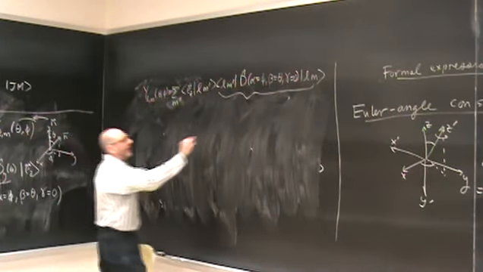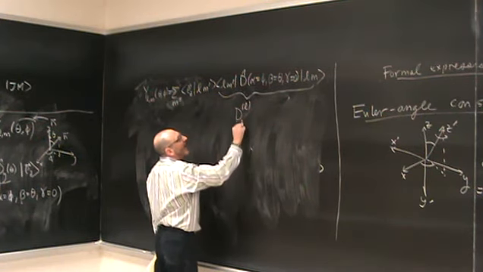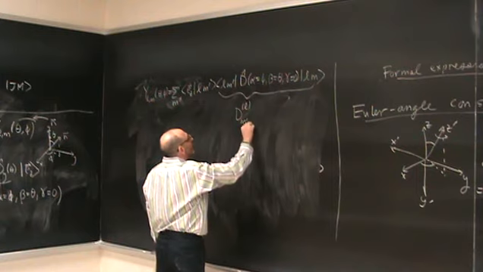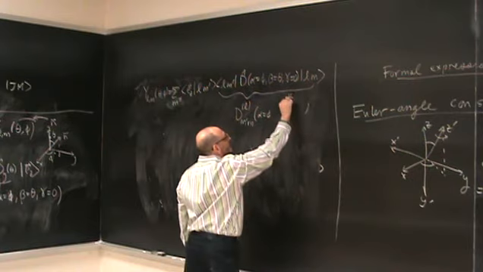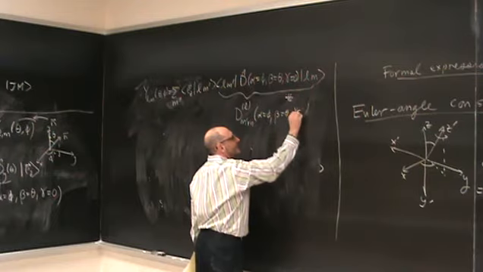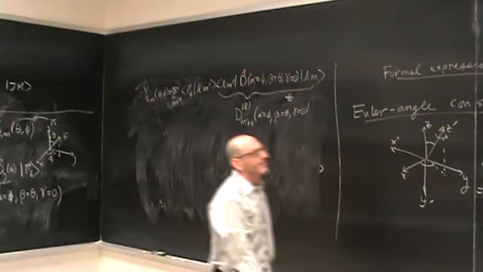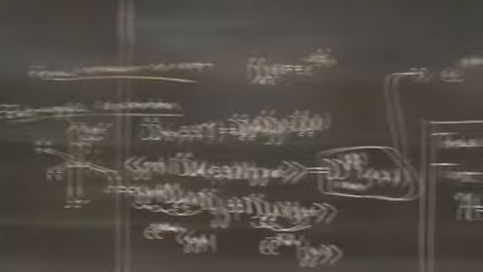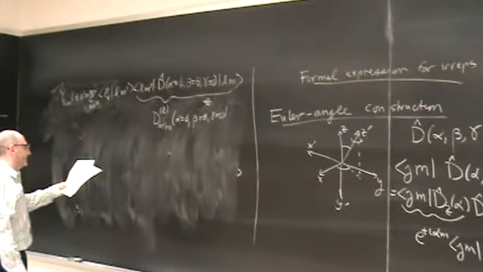Well, that is an irrep for that L, the M prime M element for alpha equal to all this stuff. And luckily, right next to us, we have what that is. So this is equal to, yeah, well, I'll just leave it as that.